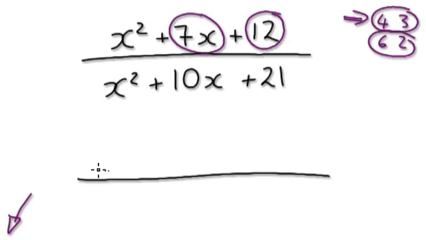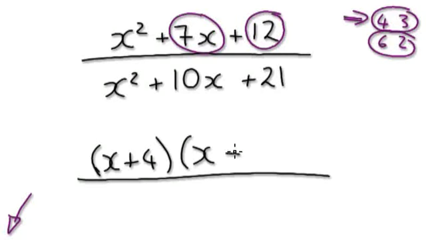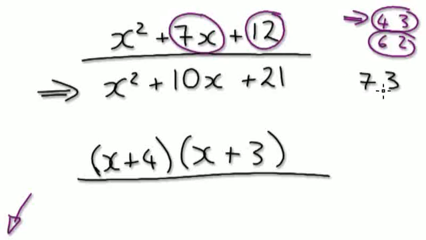So let's factorize this. So this would be x plus 4, and then x plus 3. Okay, and then the bottom part. Now try to factorize this. Two numbers multiplied together give me 21, but when added together give me 10x. So I think I'm going to use 3 and a 7.